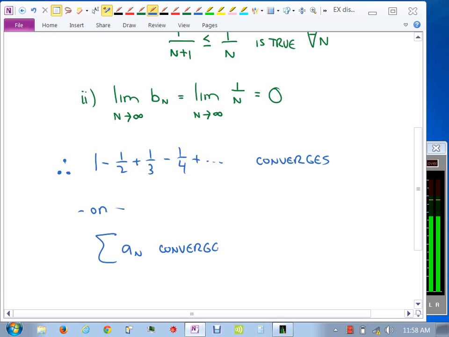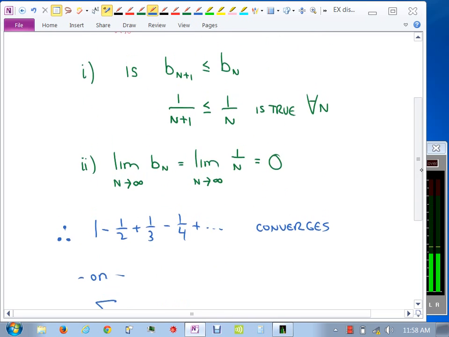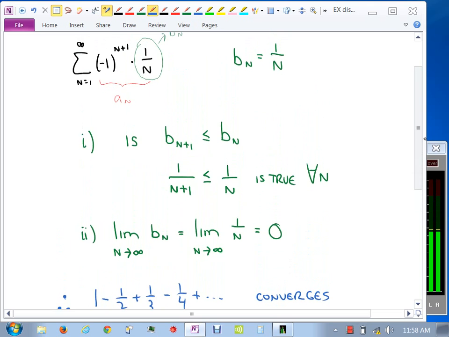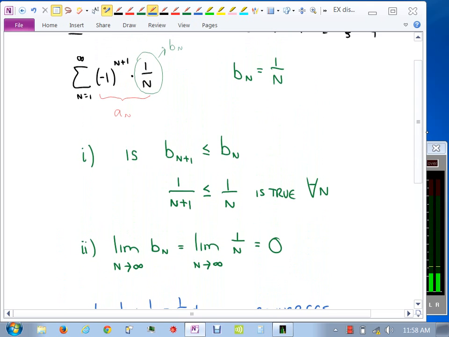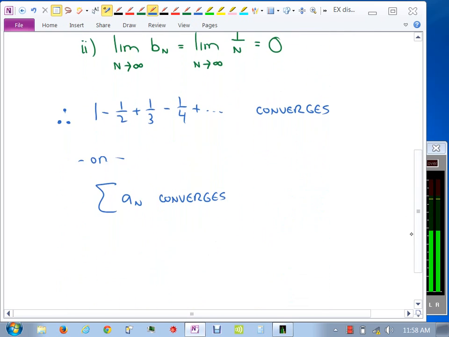But you can only write sum a sub n converges if somewhere up here you told me what a sub n was, which I did. But if you don't tell me what a sub n is, and then at the end you say that, I won't know what you're talking about. Well, I will, but then you get docked off because you expect me to. You understand? This is about communicating your ideas onto a piece of paper.